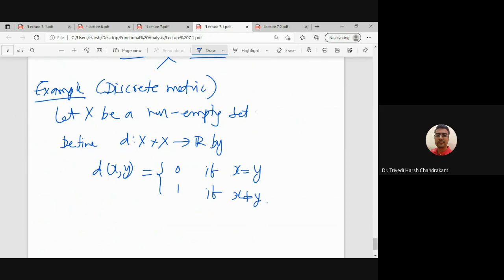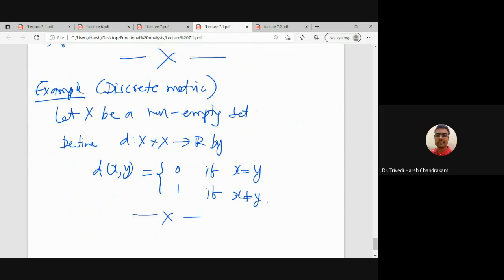Right. So this is a metric that we can check easily satisfies all the properties of a metric. But this metric will not give a norm on X. Why is that true?